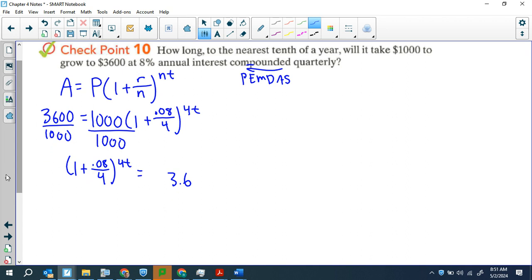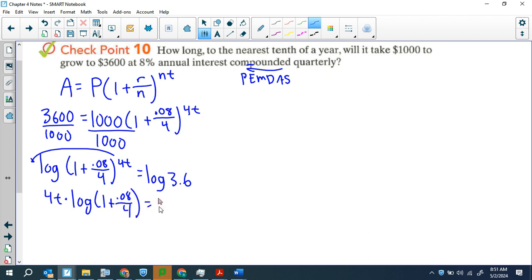As we're working our way back through PEMDAS, we already undid addition subtraction, we already undid multiplication division. We're now going to undo the exponent. There is a variable in the exponent, which means we have to take the log of both sides. That would force that 4t out in front, and we have 4t times log of 1 plus 0.08 divided by 4 equals log of 3.6.